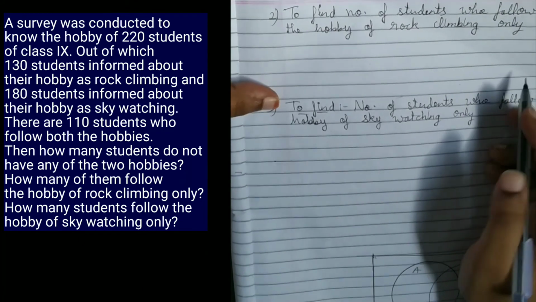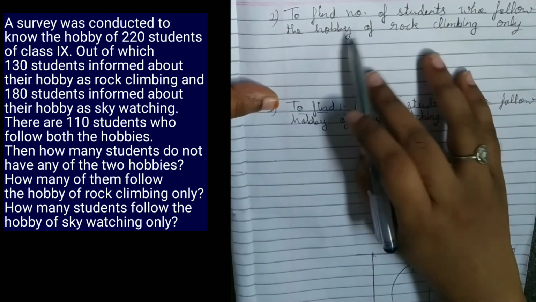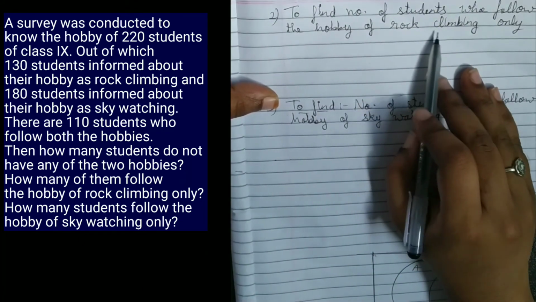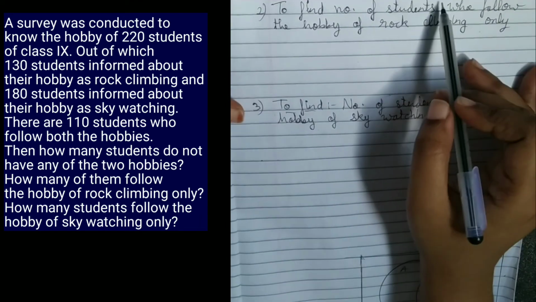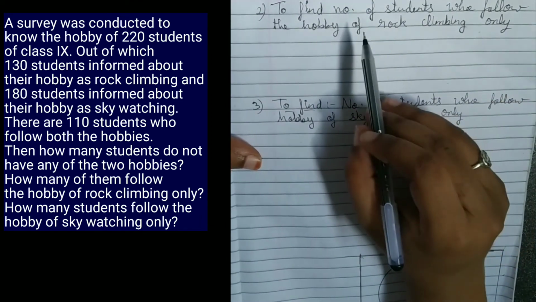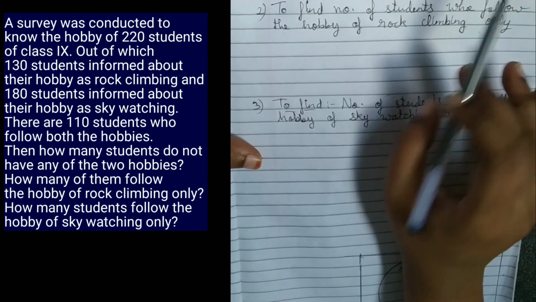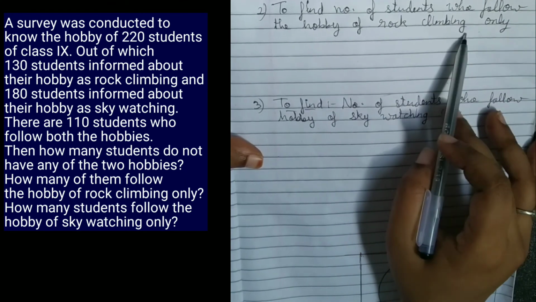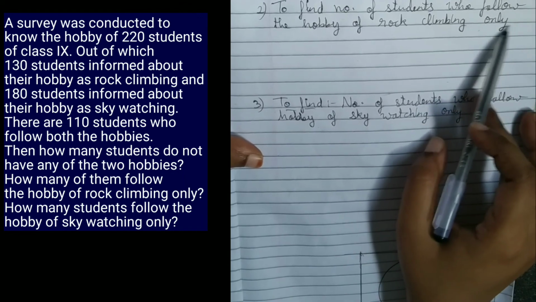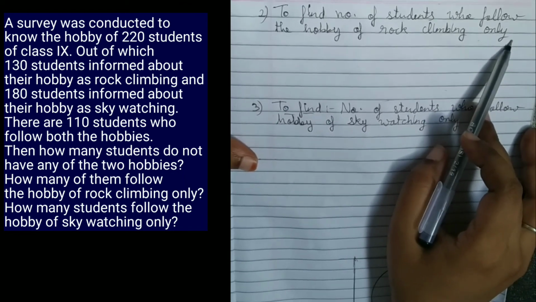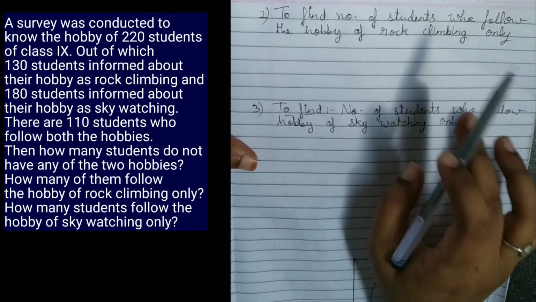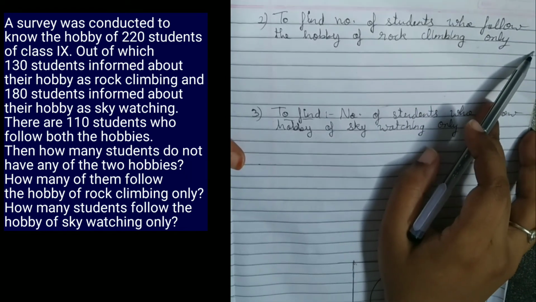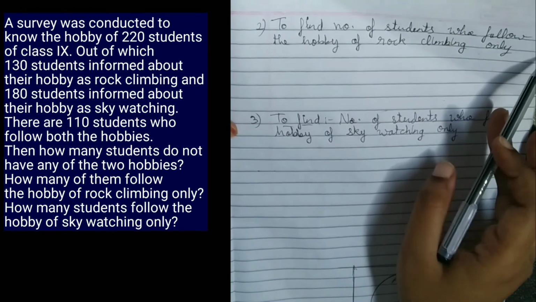Now the second question is to find the number of students who follow the hobby of rock climbing only. We have taken set A as the students who follow rock climbing as a hobby. But here they have asked for rock climbing only. Means we have to find the number of students who have the hobby of rock climbing only. So how will we find it?